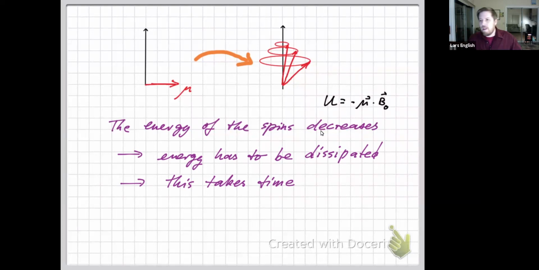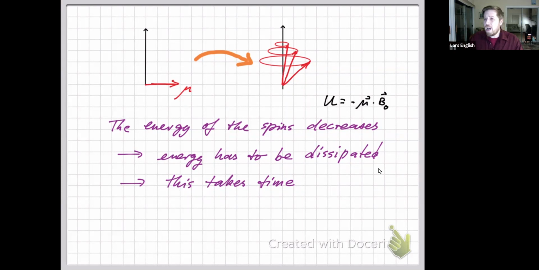Right, so when I drop a pen, the potential energy goes down, but what else picks up the difference? Well, kinetic energy increases, to make up for the decreasing potential energy. Here we also have to find a way of giving the energy to some other form. And so the energy has to be dissipated, we could say, out of the spin system into some other degree of freedom.